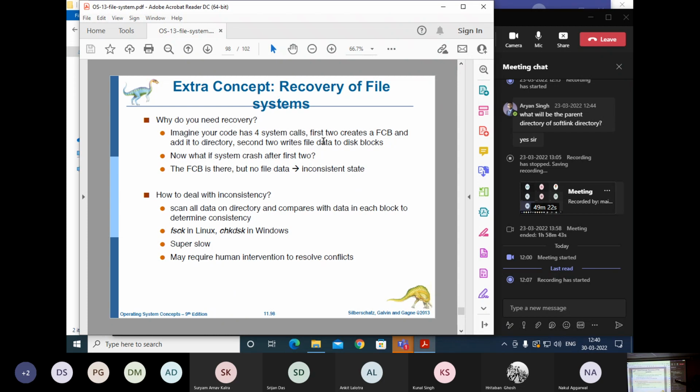Think of this as a fancy way of fixing broken links and making a tree follow the tree property. Expensive. Don't try it often, but that is how you recover. What is recovery of a file system in this case? Very basic case: fixing a tree, making the tree abide by the tree property. The tree is broken otherwise.